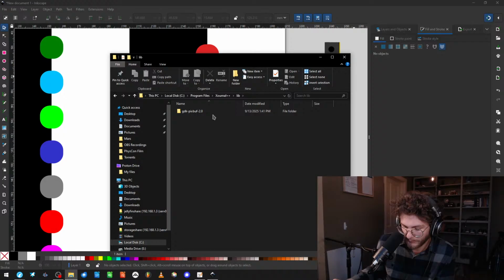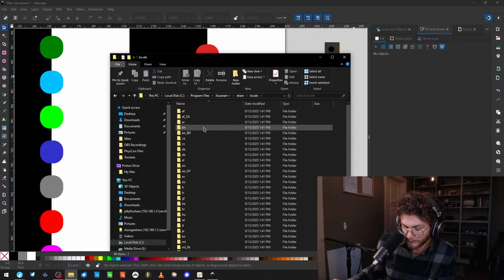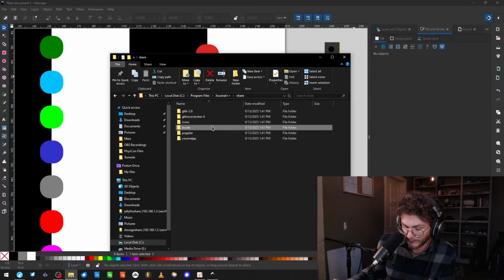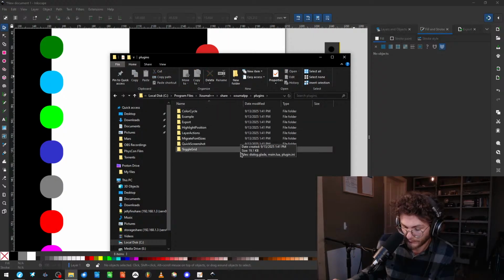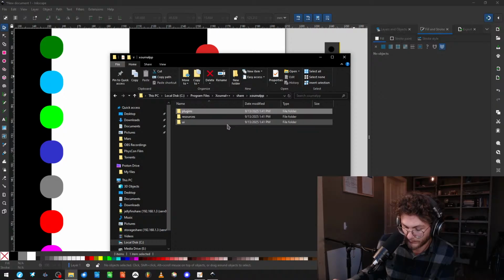Is it under lib? Nope. Under bin? Nope. Share. It's not under icons, is it? No. Under locale? That's language settings. Nope. Plugins? No. UI?